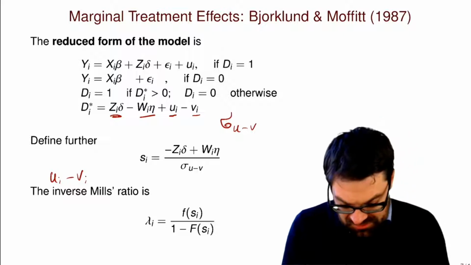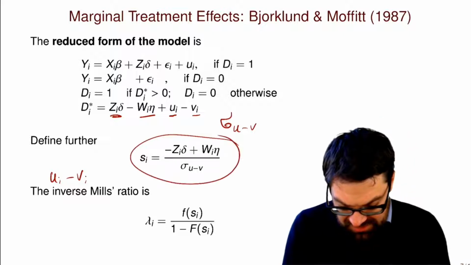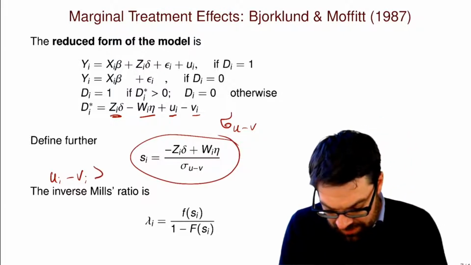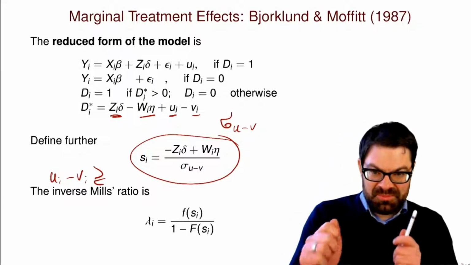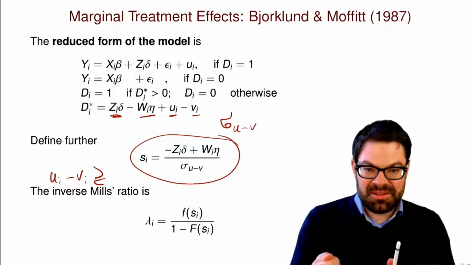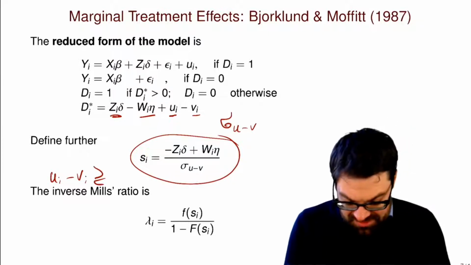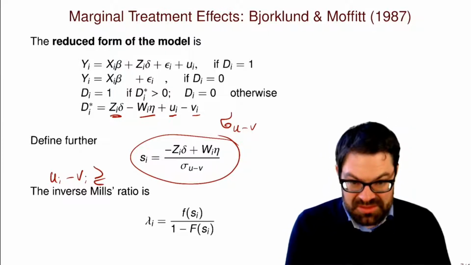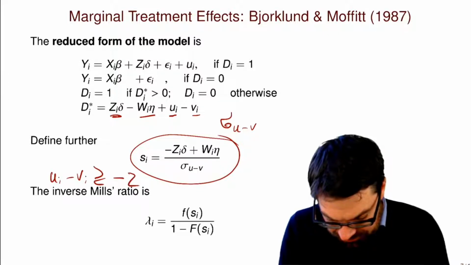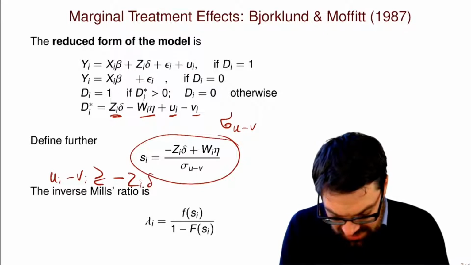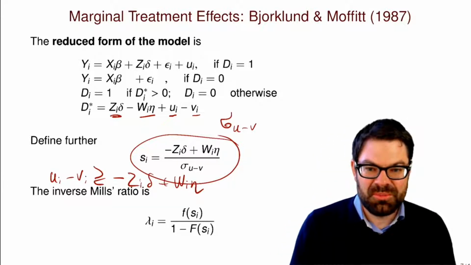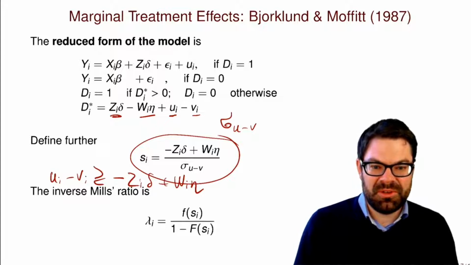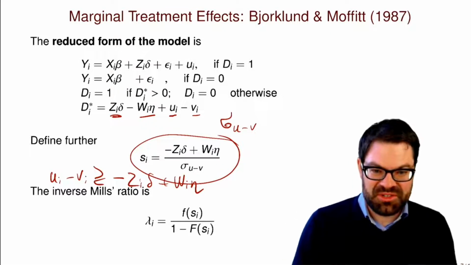And that's what's reflected here. So my decision rule is based on the difference between those idiosyncratic factors. If that difference is greater than what you can see here in the numerator, that means that people either take the treatment or do not take the treatment. You'd have to work out in which case you have which sign.